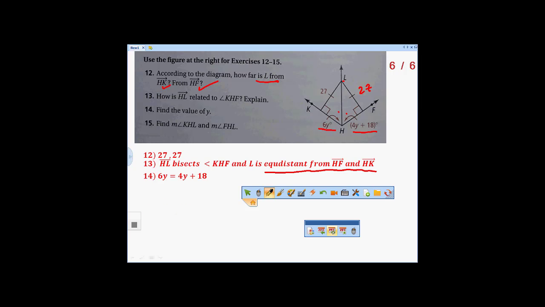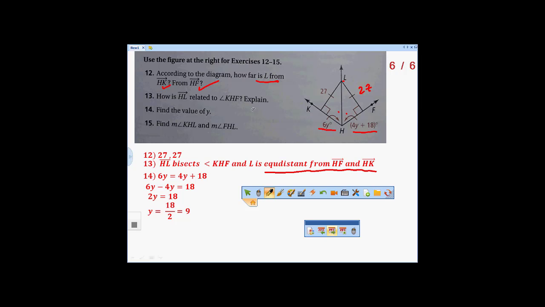So I can solve for y. I move 4y here, it will be negative. It will be 6y minus 4y equals 18. 6y minus 4y is 2y, so 2y is equal to 18. By dividing both sides by 2, y is equal to 18 divided by 2, it will be 9.